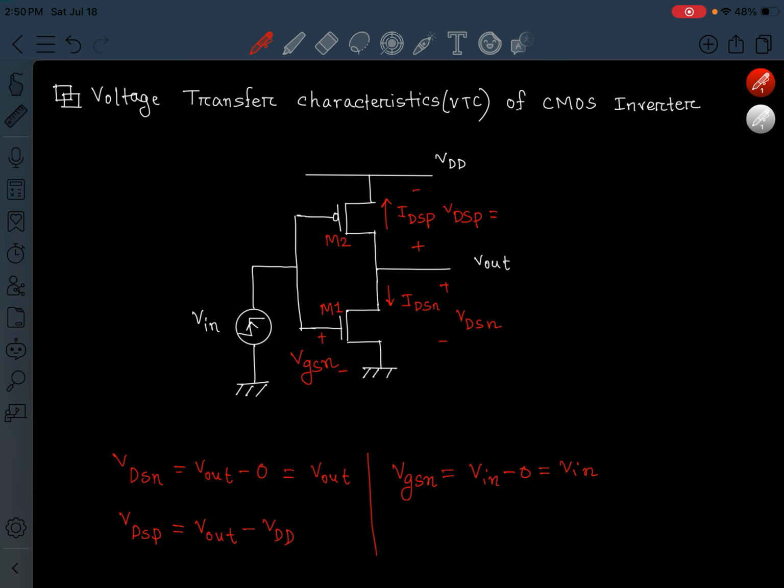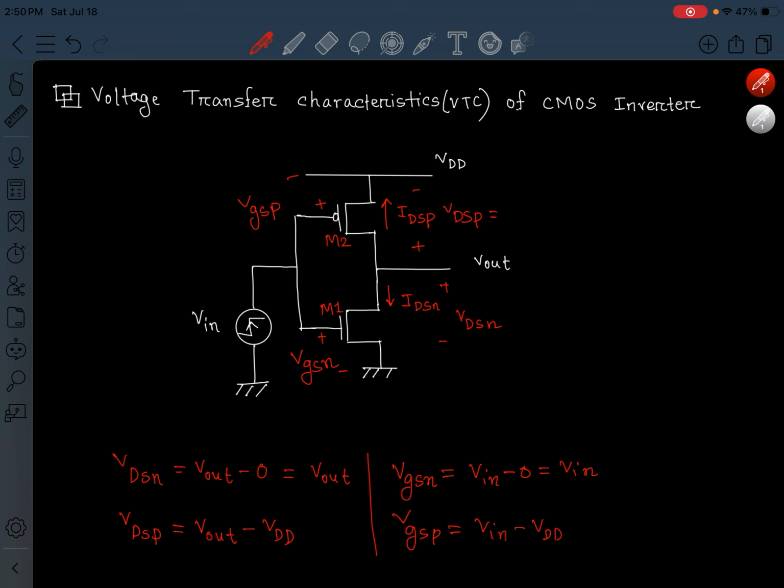And the gate source voltage of PMOS will be: the gate voltage of PMOS is input voltage because it is connected to the input, and the source voltage is VDD. So the gate source voltage of PMOS will be V in minus VDD. This voltage is VGSP.